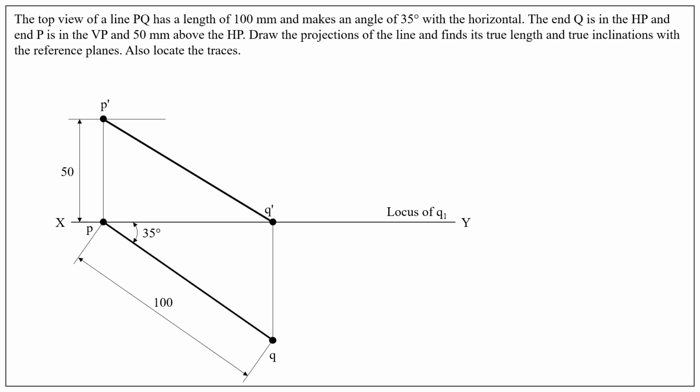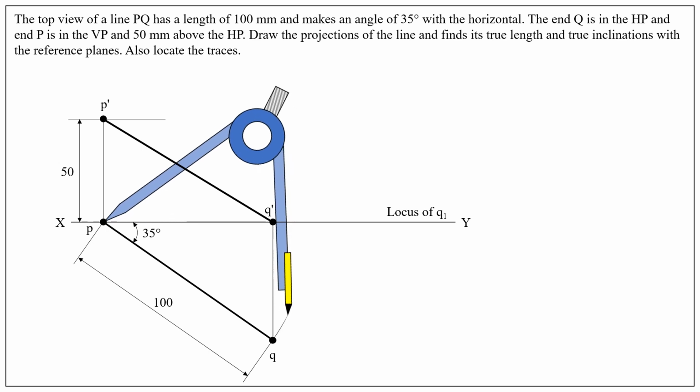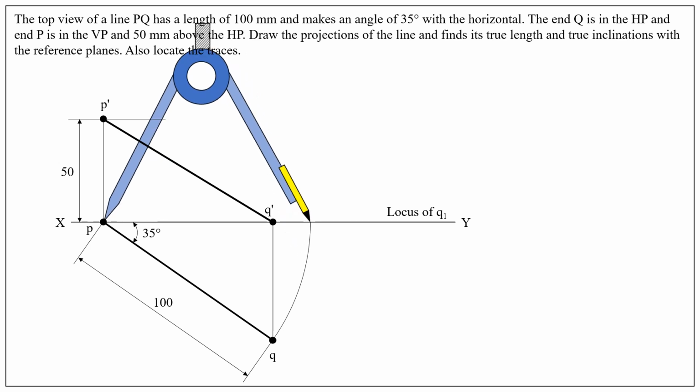What it is, we will discuss. And the next step is take PQ as radius and P as center, draw an arc until it cuts the locus of Q1. So locus of Q1 is nothing but the XY line, and that point is Q1.